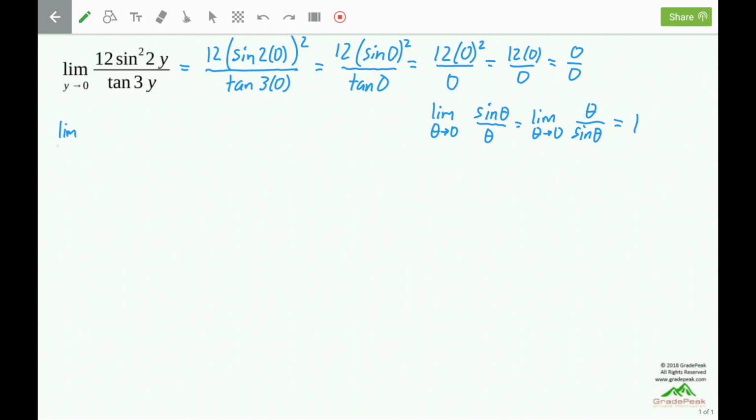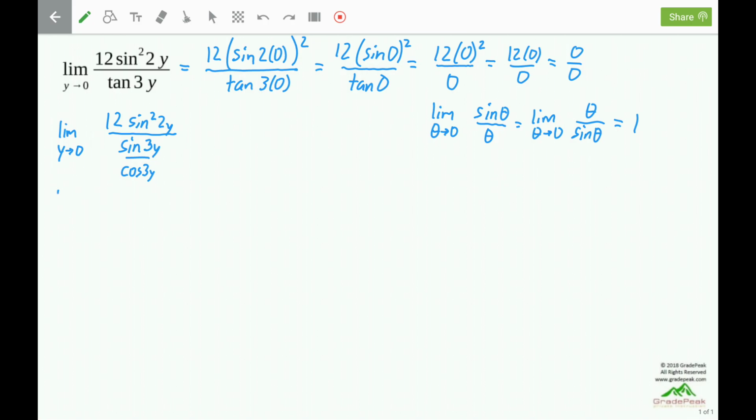To make use of this identity, we have to take any non-sine cosine functions and turn them into sines and cosines. In the numerator, everything will be left as is, but in the denominator we have a tangent of 3y, which will be the sine of 3y divided by the cosine of 3y.